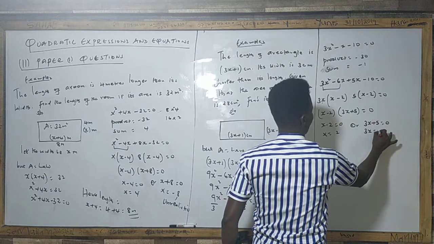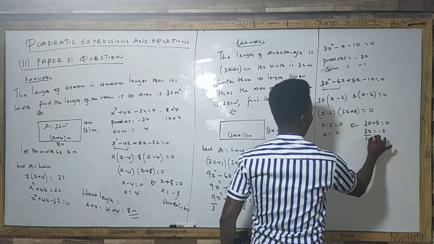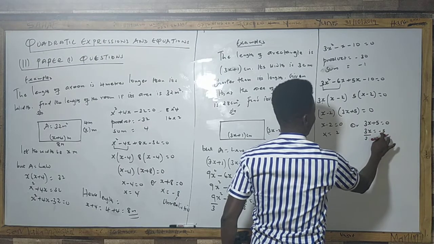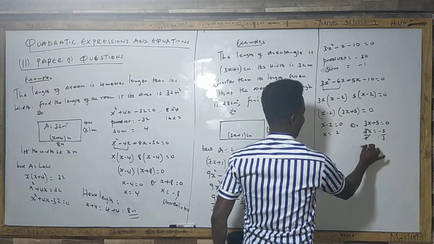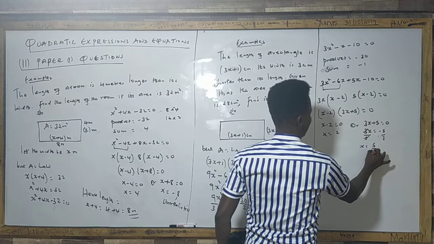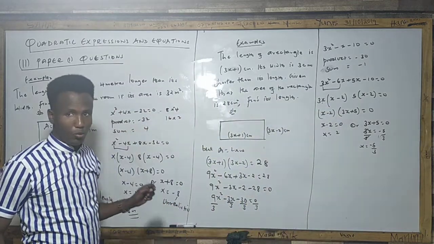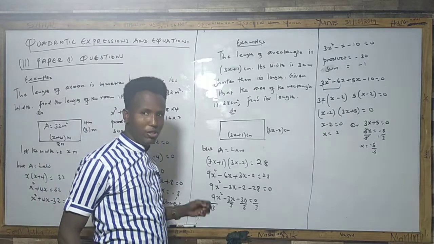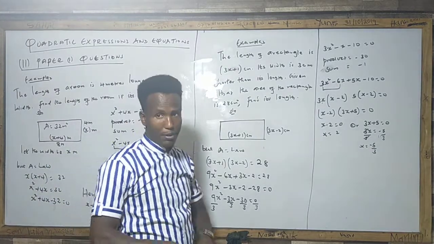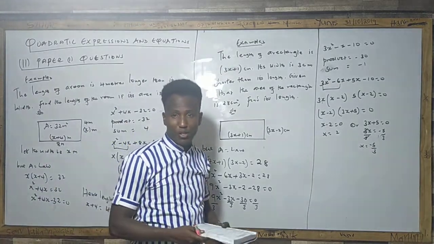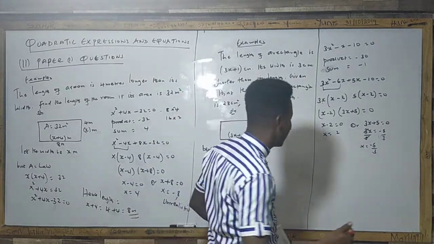So 3x is equal to negative 5, all over 3 also. Divide both sides. Cancel. x is equal to negative 5 over 3. So we are dealing with dimensions, remember? When we are dealing with human beings or dimensions, we cannot take a negative value, so we write unrealistic, it's not reliable.